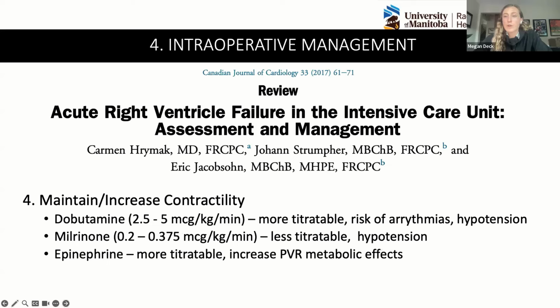Additionally, we of course need to support RV contractility. Inotropic choice is either a beta agonist such as dobutamine or epinephrine, or a phosphodiesterase 3 inhibitor such as milrinone. While these are both great inotropes, their benefit can be lost with their propensity to reduce systemic vascular resistance. This is especially true with milrinone.